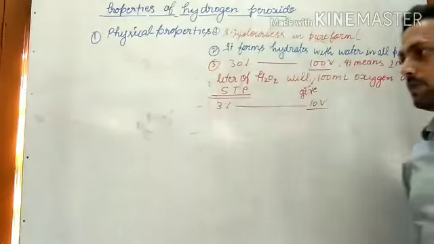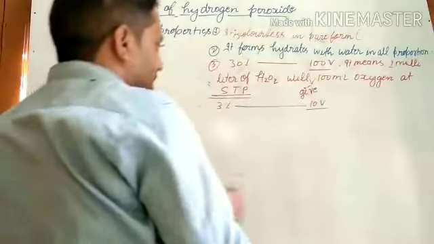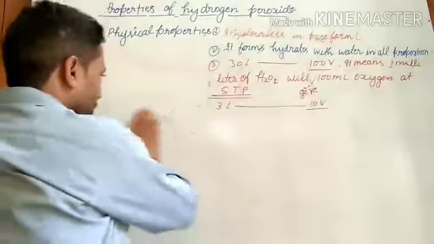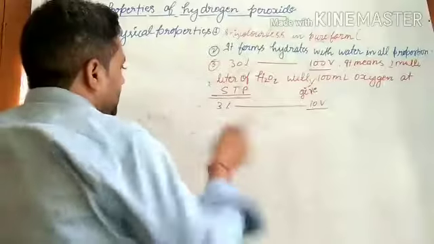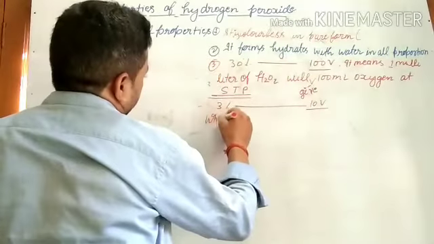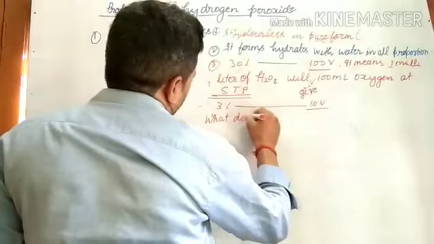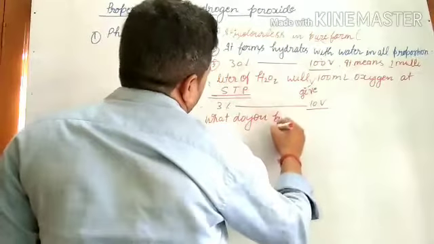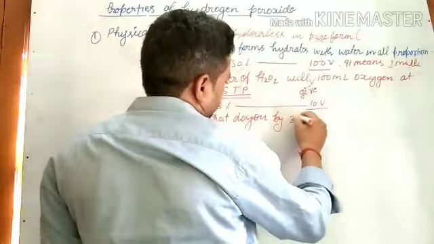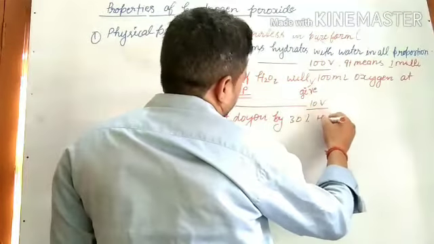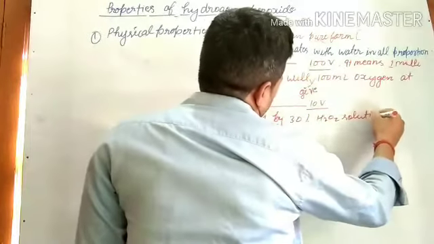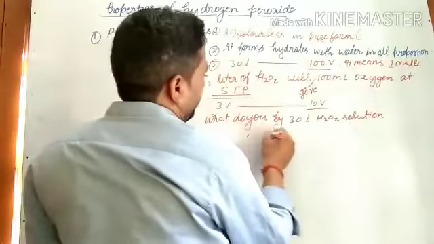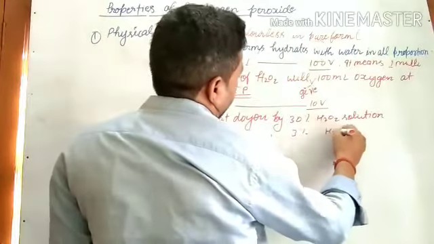Now let us move to chemical properties. And one more point here: these questions are asked in examinations. What do you mean by 30% hydrogen peroxide solution? Or what do you mean by 3% hydrogen peroxide solution?